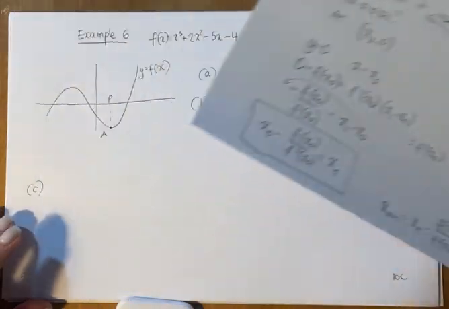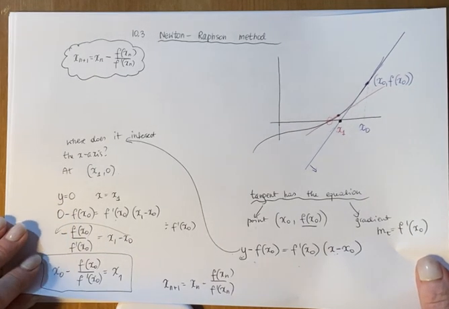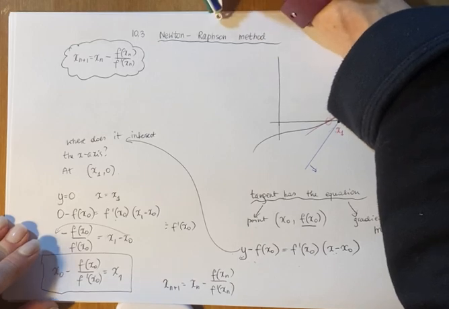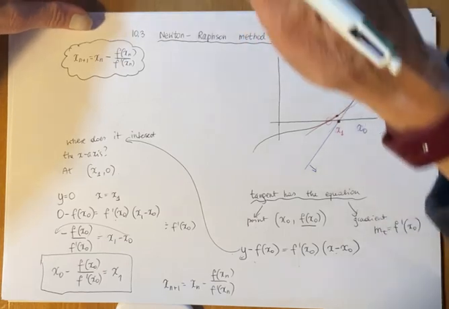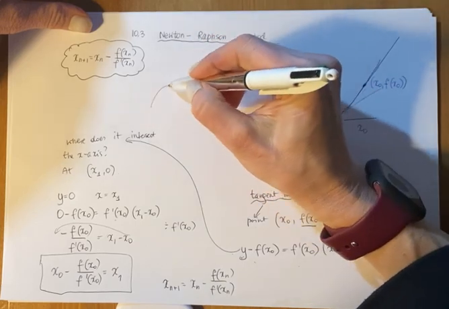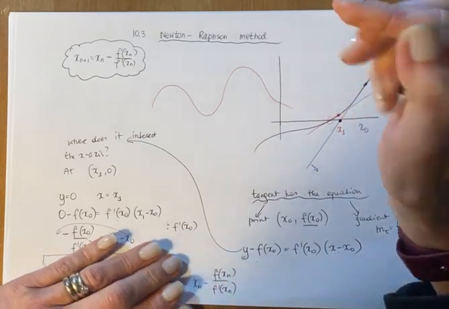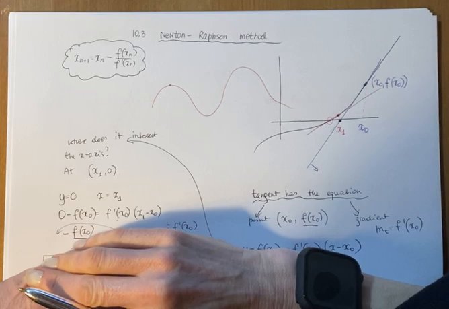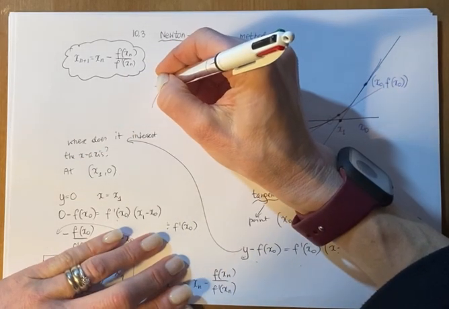There are some situations where it doesn't work, so we'll look at those in more detail, just to give you a bit of an idea of when it doesn't work. Okay, so you could have a curve. Let's sketch it over here, something like this. Now imagine you are going to this point over here, and you are using the Newton-Raphson method. So effectively you are looking for a tangent.